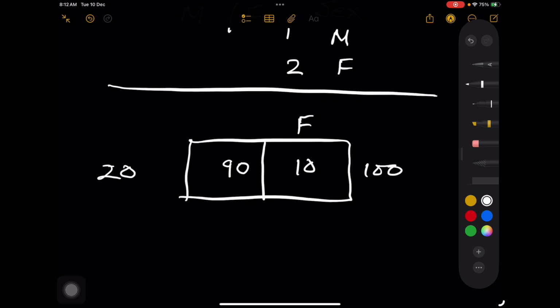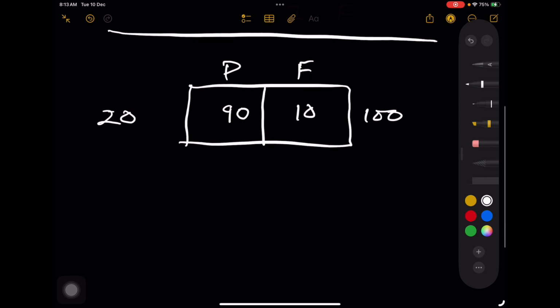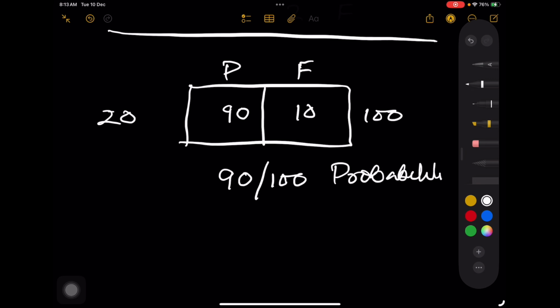So this is fail, this is pass. This is binomial data. You either have to fail or you have to pass. Now in this, there are two ways to express this situation. One is 90 upon 100. Now this is the probability of passing.